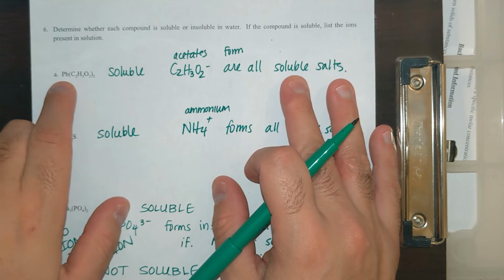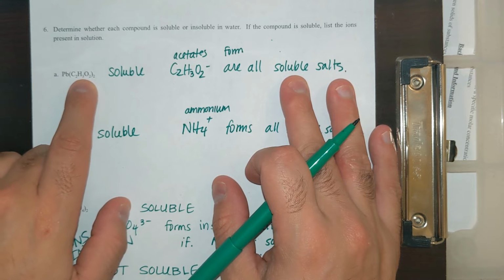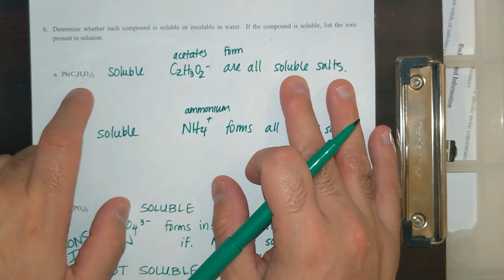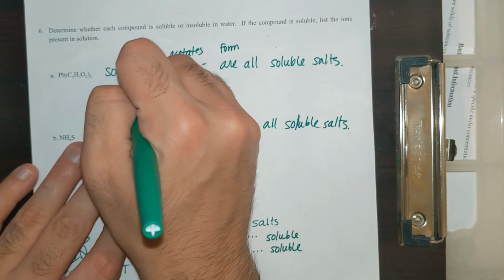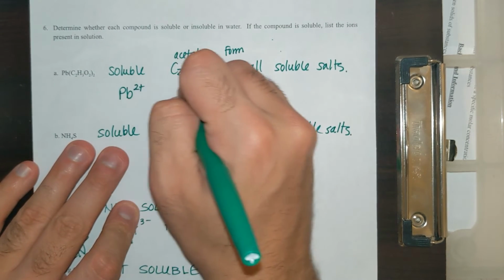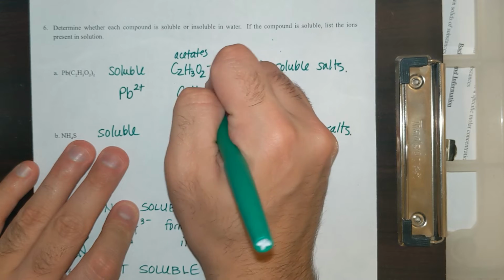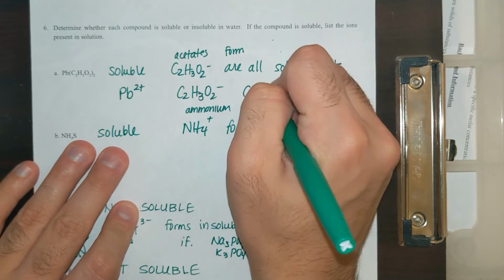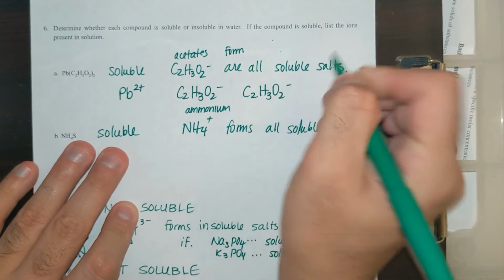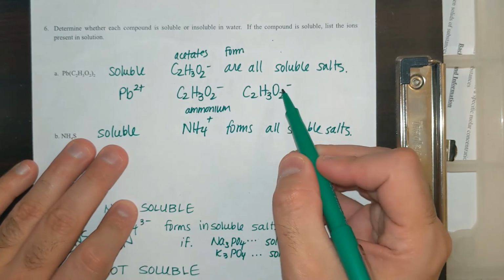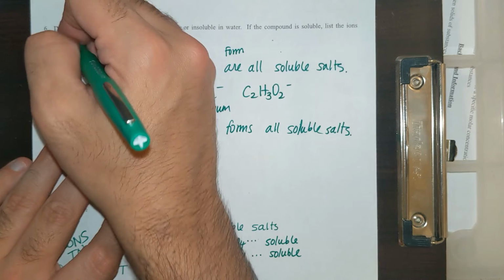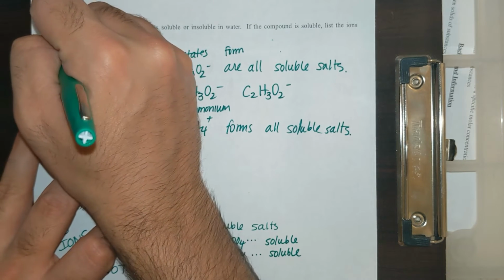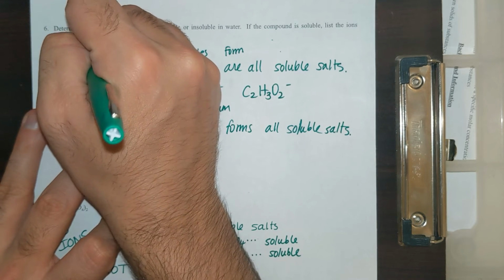Now for lead acetate, there's one Pb, and as you can see with the subscript on the outside, there's two C2H3O2 minuses. So it's going to be Pb2 plus, and then C2H3O2 minus, C2H3O2 minus. These are all the ions that break apart. And then you saw in a homework question, what if I said I had 1 molar lead acetate?